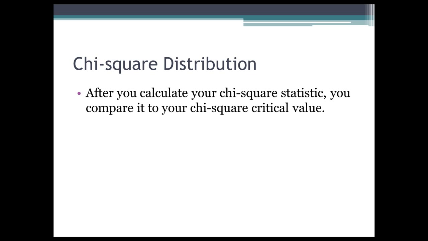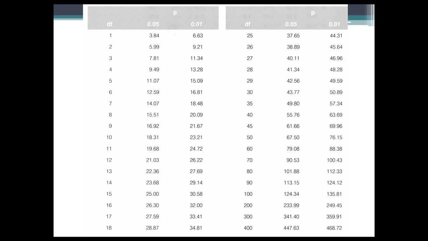And so here it is. You would look at degrees of freedom 2, and it shows you the critical value for P equals 0.05, and then P equals 0.01. For 0.05, it would be 5.99, and for 0.01, it would be 9.21.